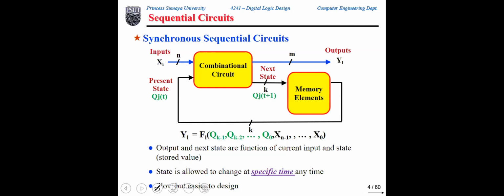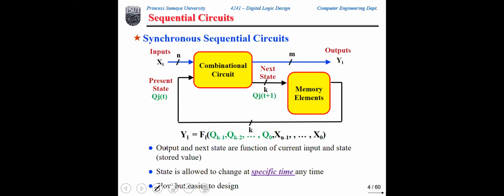If it is not, then it is an asynchronous circuit. The change in the stored value can happen at any instant of time. Otherwise, if the change in the stored value can occur at a specific instant of time, then the behavior of the circuit is synchronized with some event or with time.